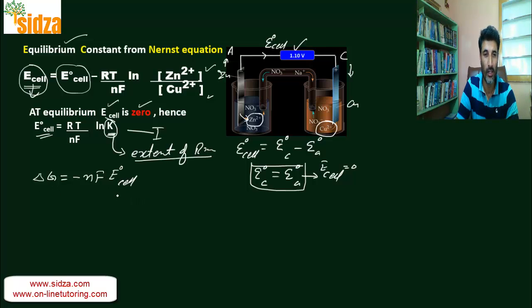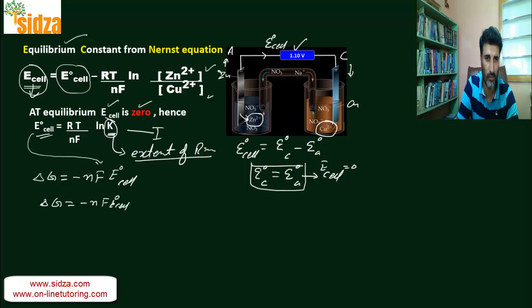So if I use this value here, the E0 of the cell, I can say this delta G will be equal to minus nF E0 of the cell.